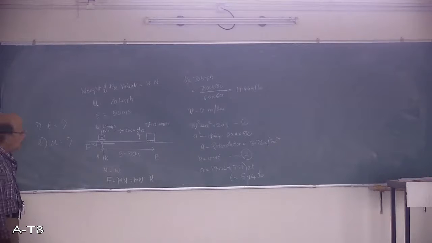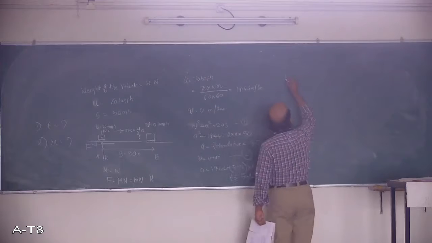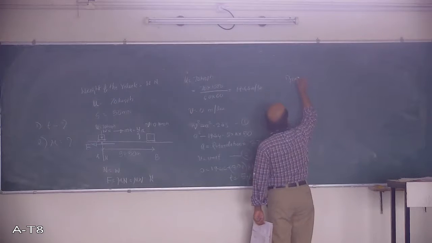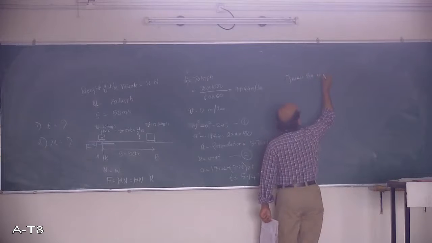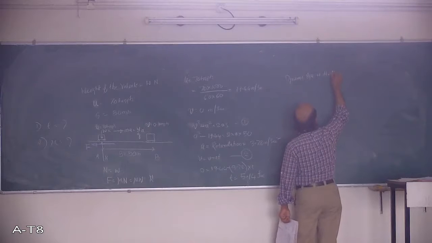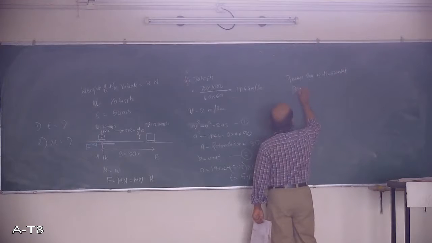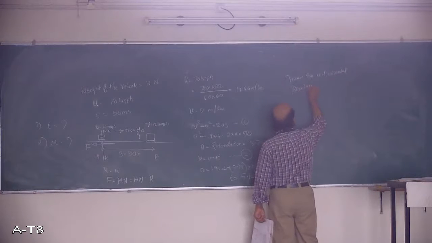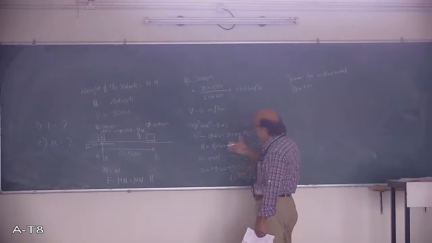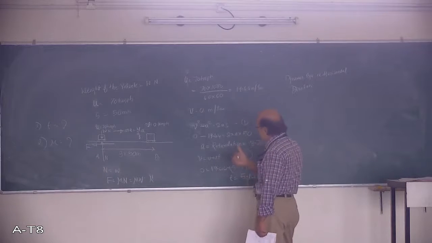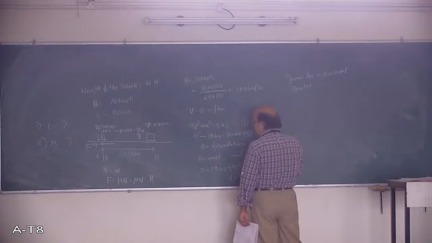Now I will apply dynamic equilibrium in the horizontal direction on the car, and equate it to 0. F is acting in this direction, I will take it as minus, and the inertia force is acting in this direction, I will take it as plus.